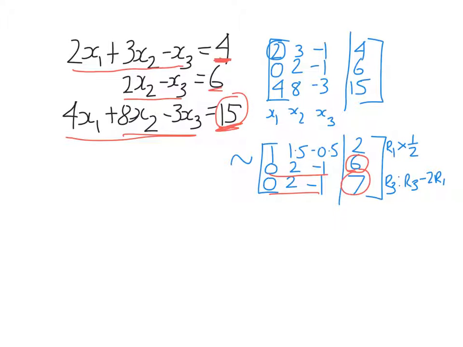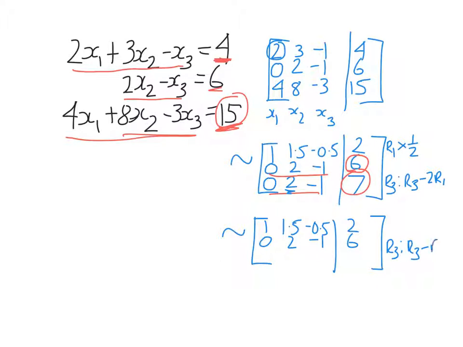So if I go ahead and do another step of row reduction, remember I now want to make this into a 0, I can do that by leaving the first row alone, leaving the second row alone, but I'll take row 3 and I will subtract row 2. So I get 0, 0, 0, but 7 minus 6 is 1.